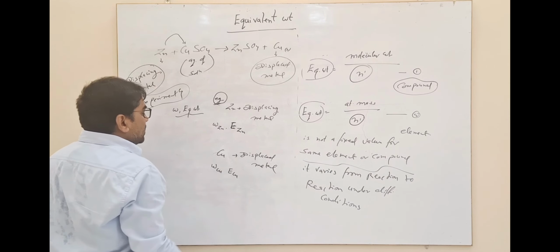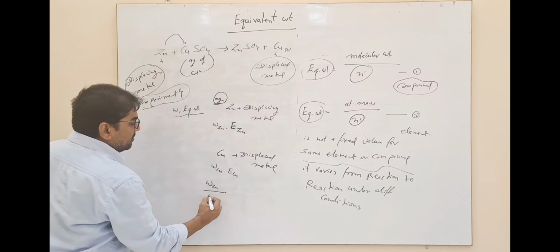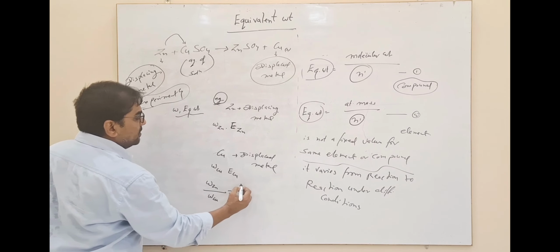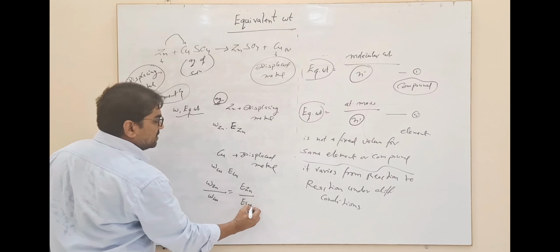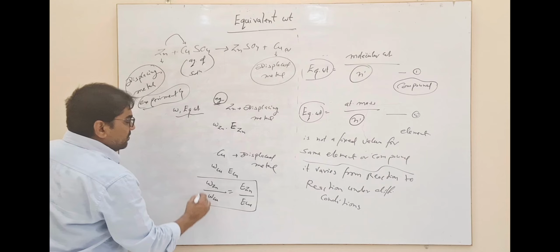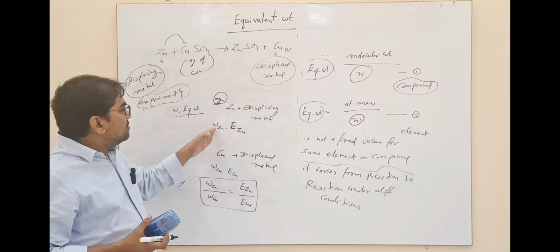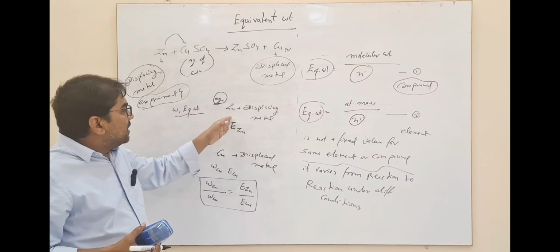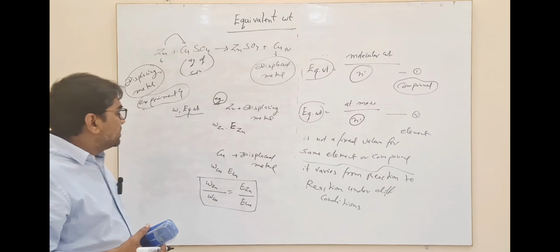Then what will be the ratio? The ratio WZn divided by WCu will be EZn divided by ECu. There will be a ratio between displaced mass and equivalent weight of the displacing metal and displaced metal.